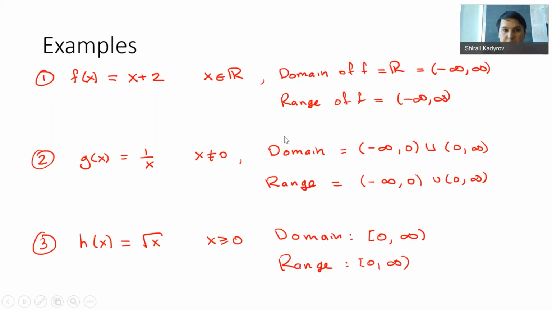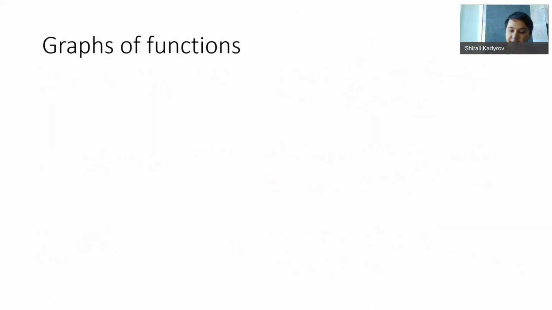So let me continue with the next objective, namely graph of functions. So what is a graph of a function? It's looking at the function in the xy plane. That's the Cartesian coordinates, right?